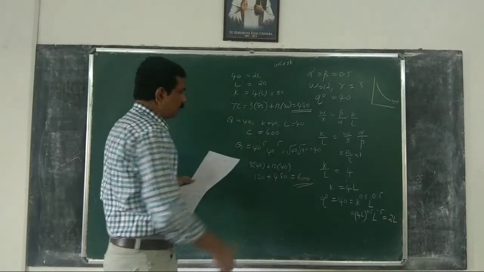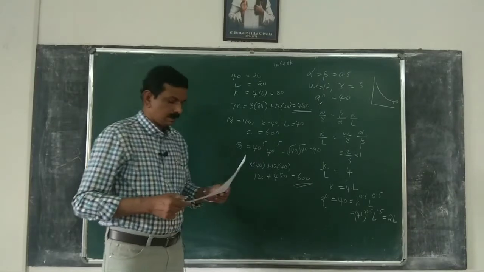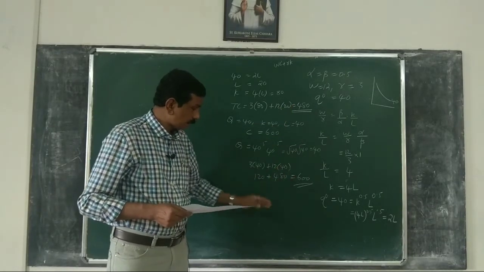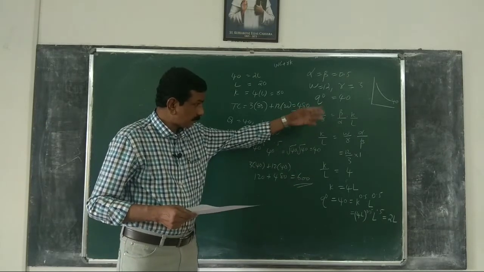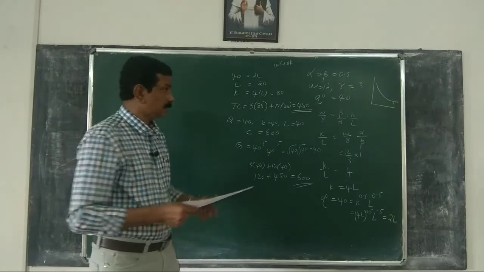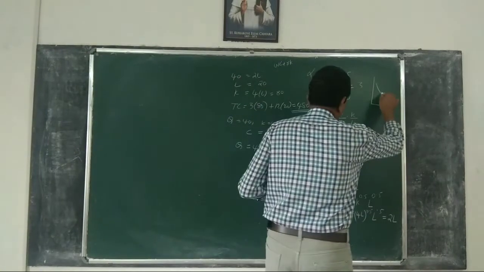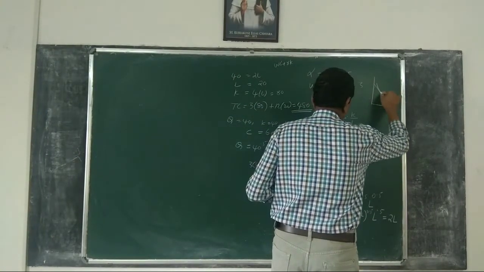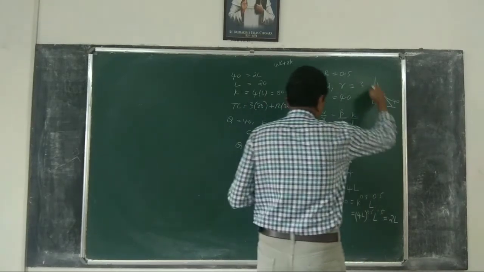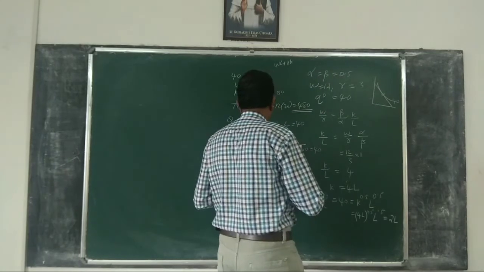Any other combination of K and L will give you a higher cost than 480. And this is the point where the isoquant is tangent to the isocost line.